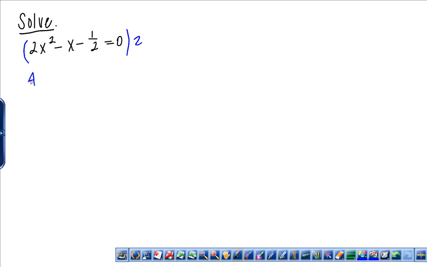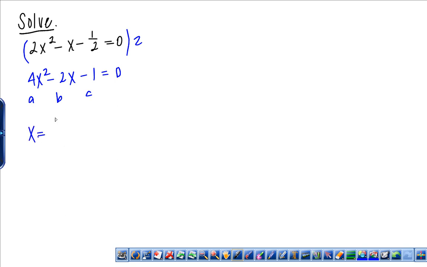So this is going to be 4x squared minus 2x minus 1, and that's equal to 0. So this problem's a little bit easier. Now I've got my A value, my B, and my C, and I can plug it into my quadratic formula, and it's a whole lot easier.